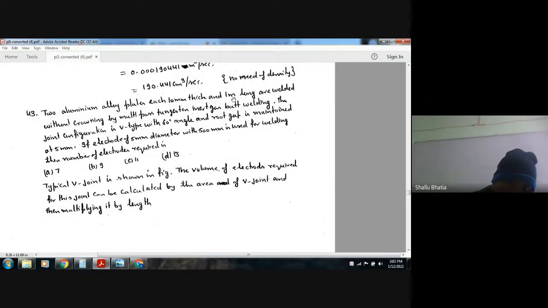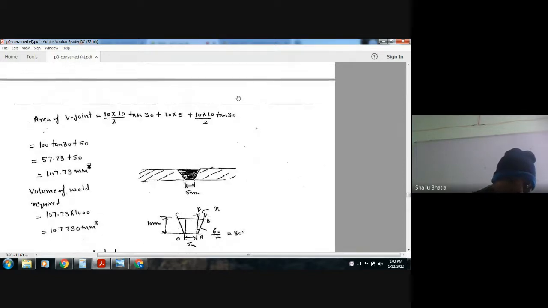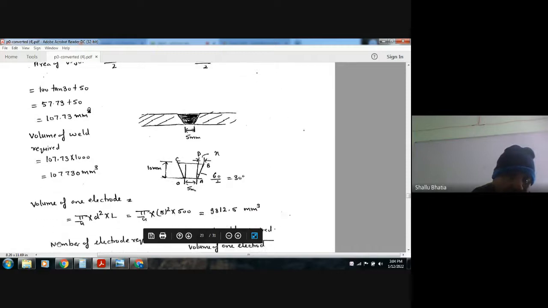Now the dimension perpendicular to the joint is 1 meter, as it is 1 meter long, so 1000 mm. The volume of the weld we have to fill in this joint is this area into 1000, that is 107,730 mm cube.